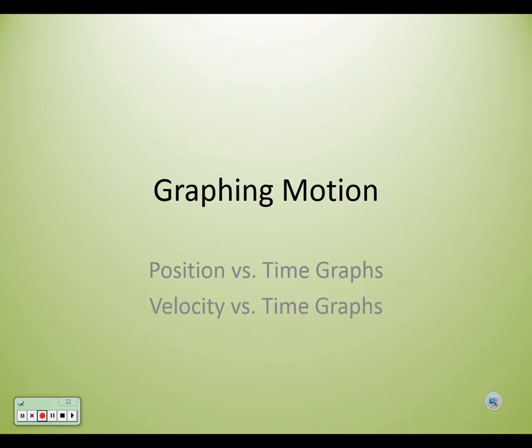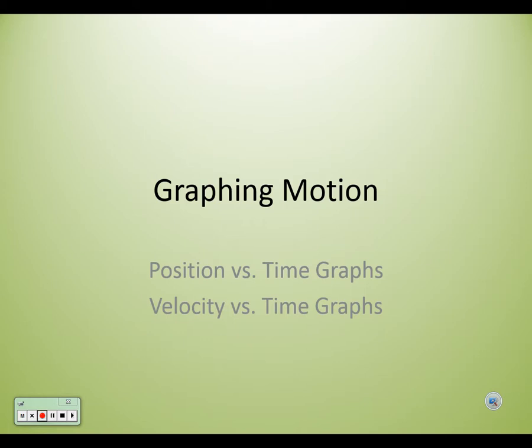Speed and velocity. Speed and velocity are similar, but different, in that velocity is a vector quantity, which means it has to tell us magnitude and direction. Not only how fast an object is going, but which way it is going.